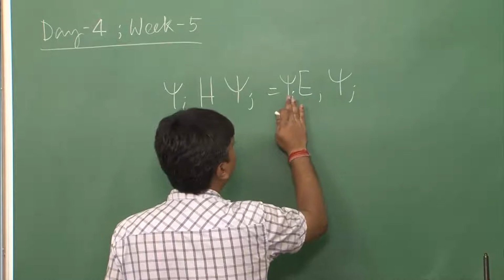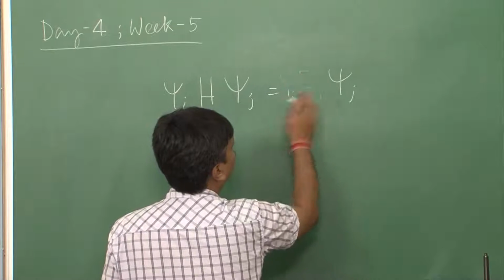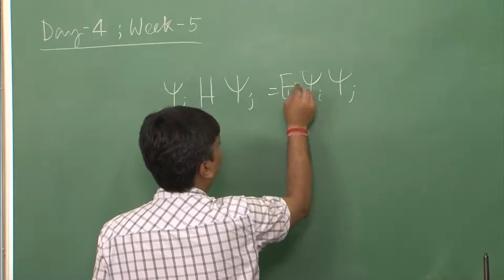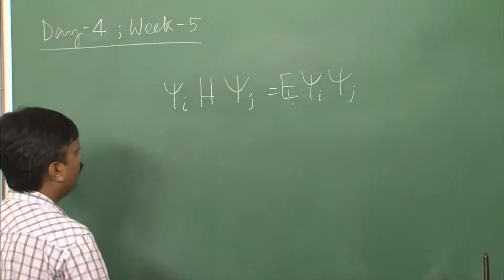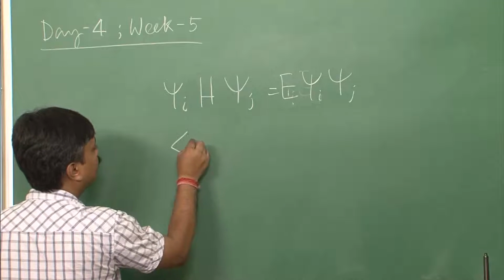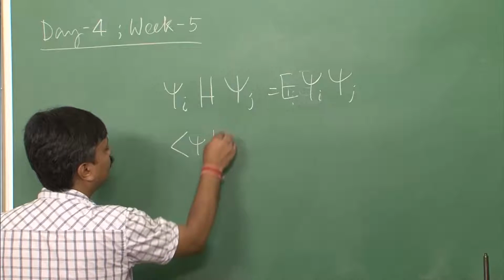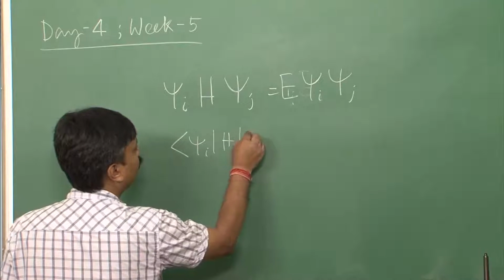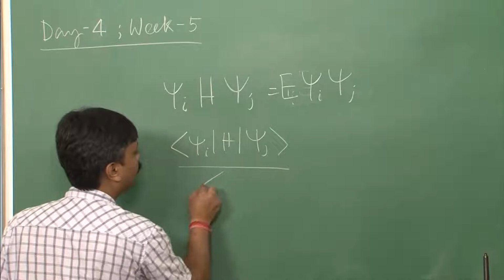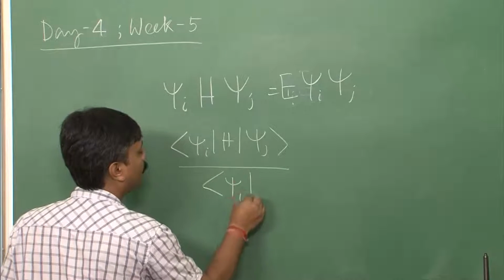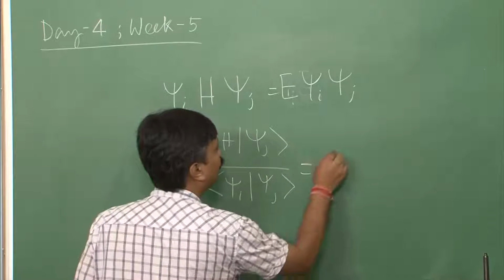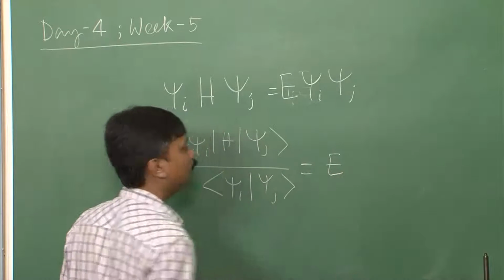So what I can do is I can write psi_i psi_j and bring E here. Now if I integrate over all the space, so what I can have is psi_i, fine, that's my energy.